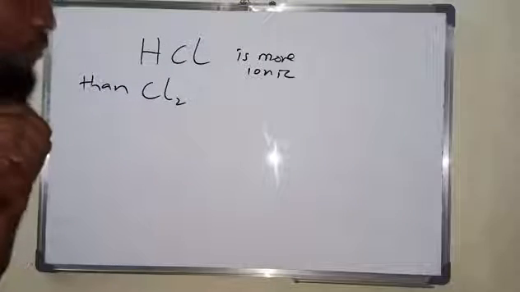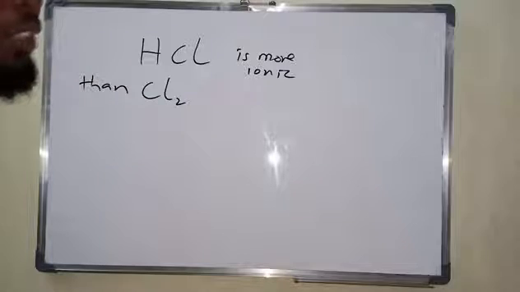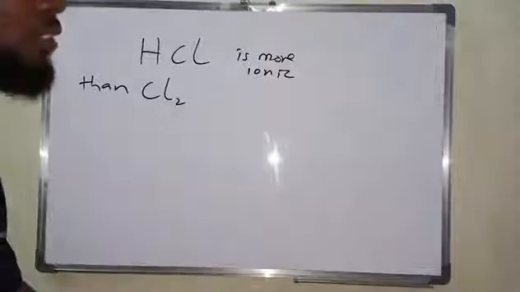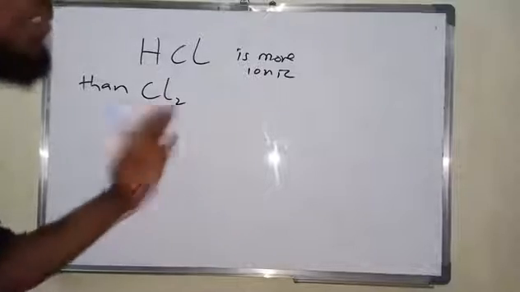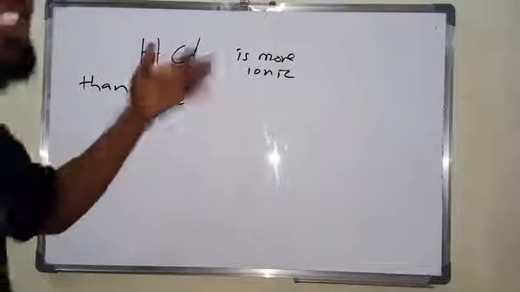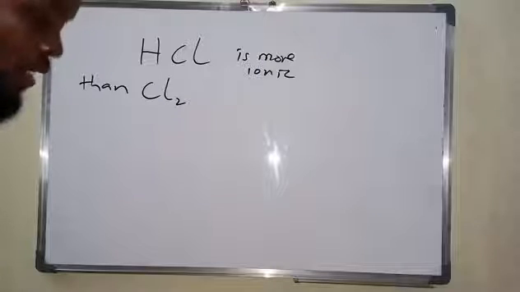Then you have electropositivity, the ease with which an atom can lose an electron. This is a property of metals, and chlorine is not a metal, so we should not talk about electropositivity.